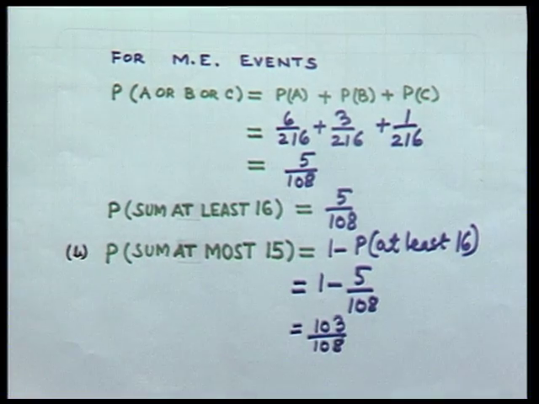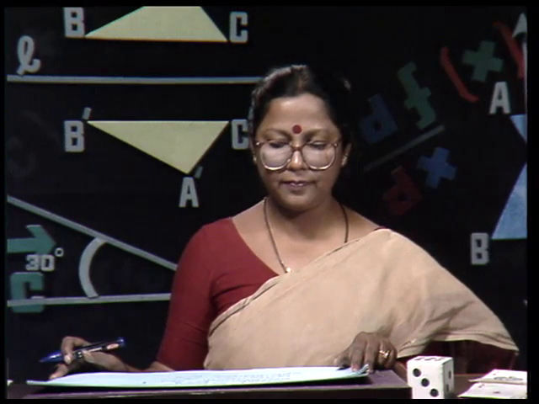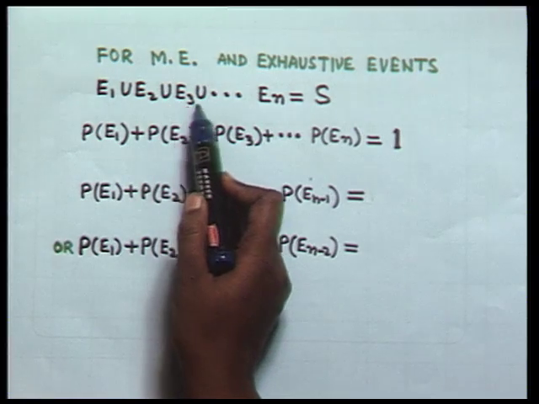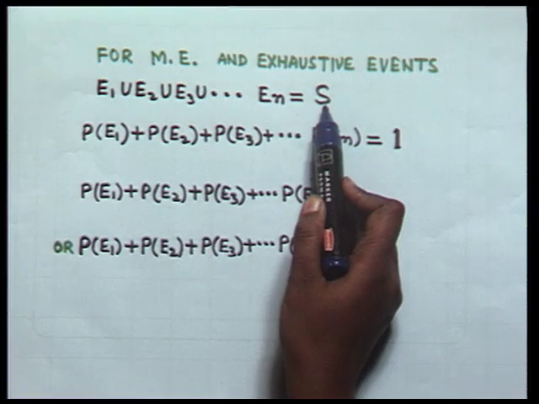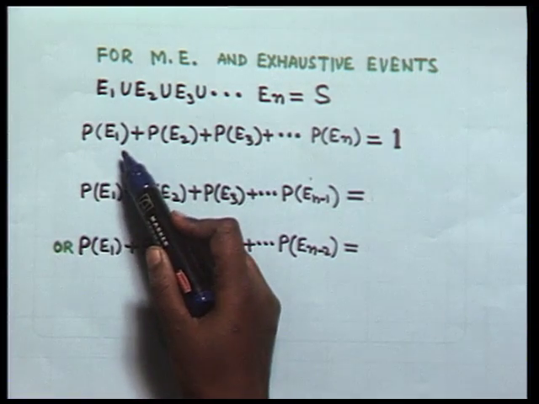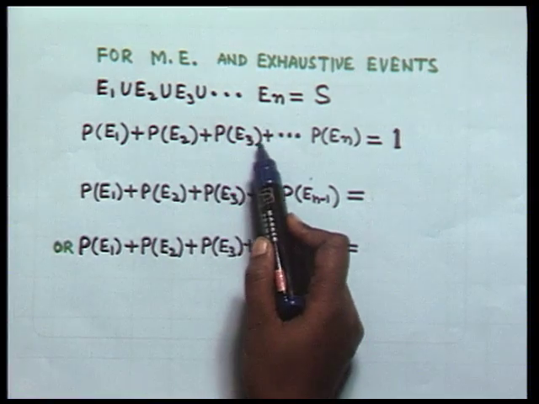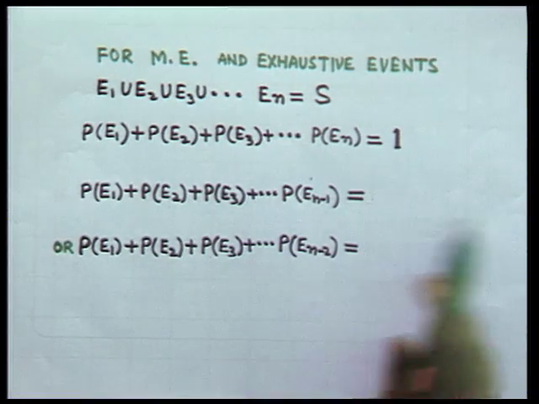Thus, we observe that if E1, E2, E3, En are a system of mutually exclusive and exhaustive events, then E1 union E2 union E3 union En is equal to the sample space, and probability of E1 plus probability of E2 plus probability of E3 and so on plus probability of En is equal to 1.